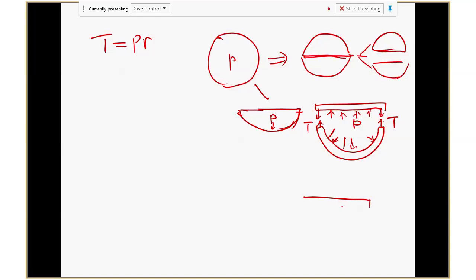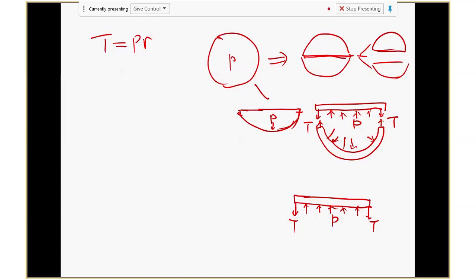On this plate, I have T tension here, T tension here to hold it. Why do I need to hold it? Because the pressure P is applying here. Now, this plate should be in equilibrium.